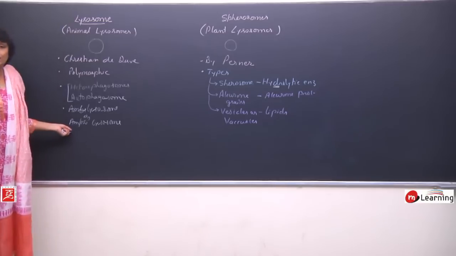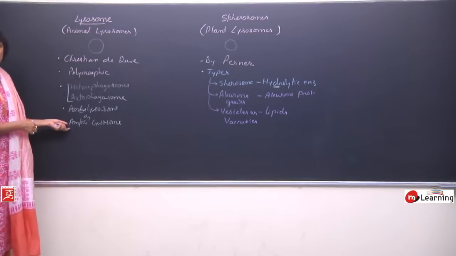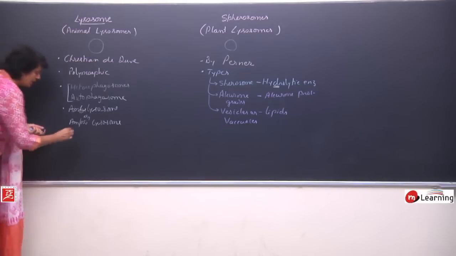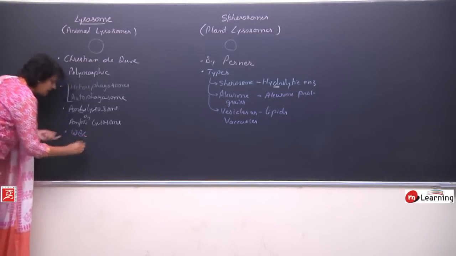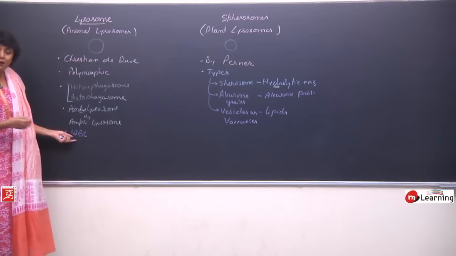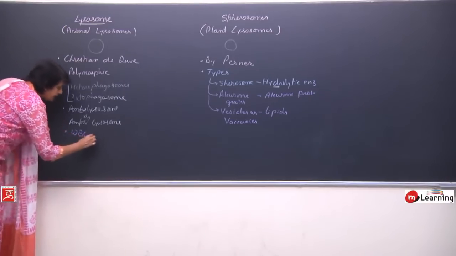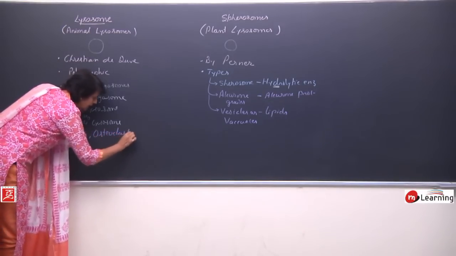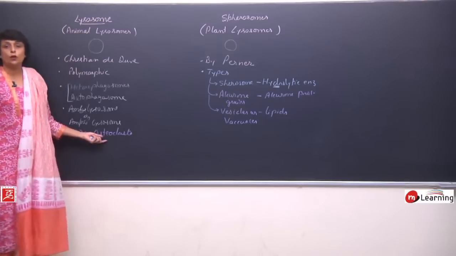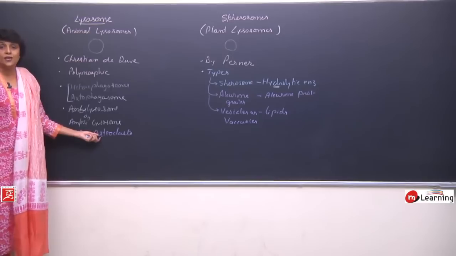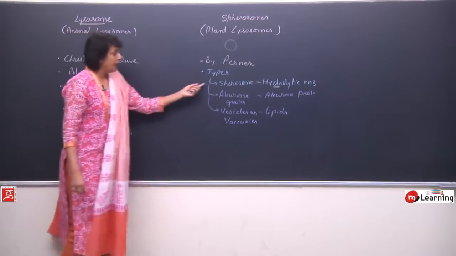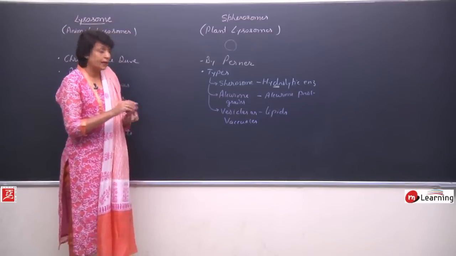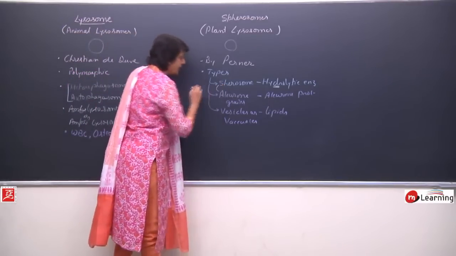Areas or cells where lysosomes are present are the cells where more digestion or breakdown of substances is required. So we took the example of WBCs, which are going to engulf the foreign particles and digest them, plus osteoclasts. These cells also destroy the old and worn out bone cells, that is osteocytes. In the case of spherosomes, they are found in the areas where food is to be digested.